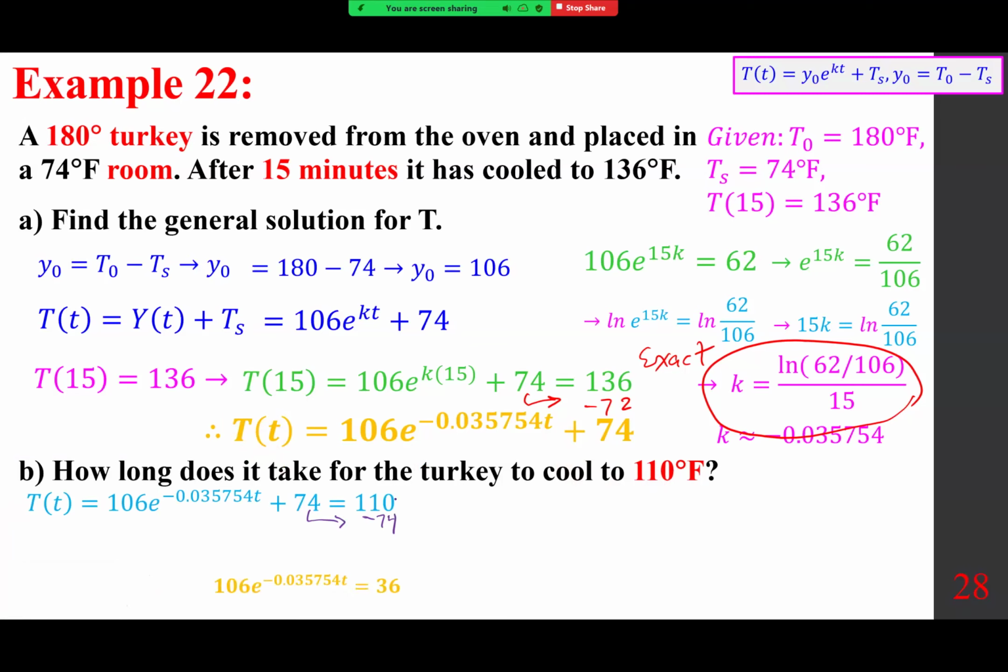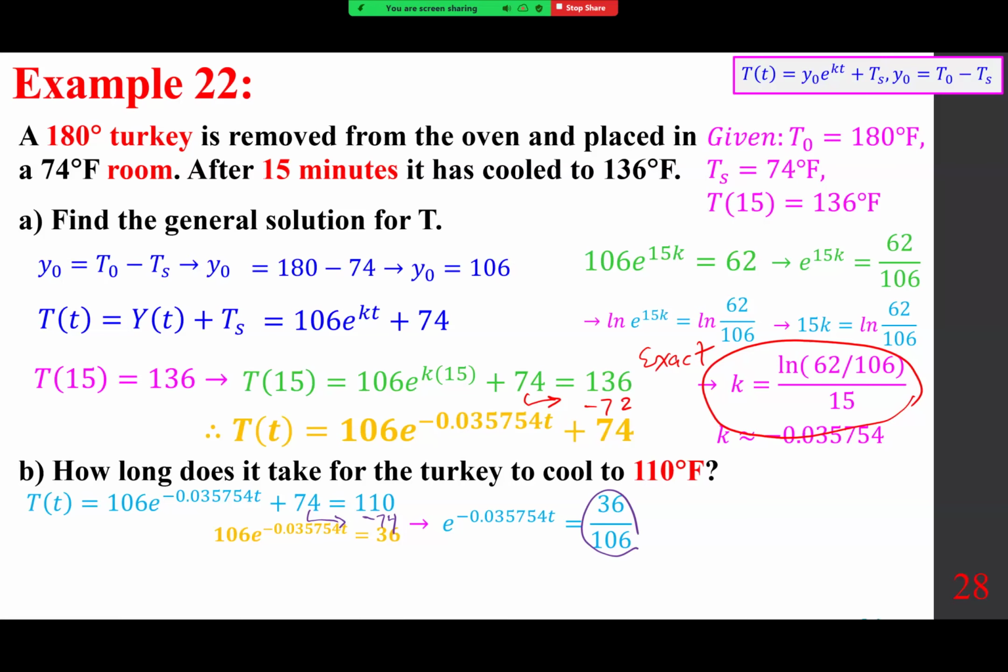We get 36. We're going to divide by 106. And again, I'm going to keep it in the format. I'm not going to simplify it because I want you to be exposed to each and every step just the way it's given, although it can be simplified.